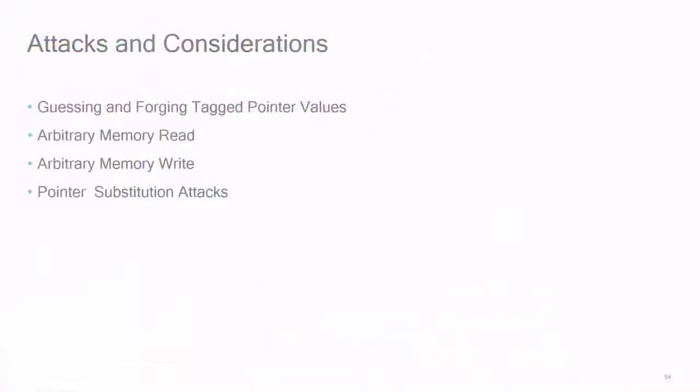The most interesting class of attacks we think will be pointer substitution attacks. Any pointers that are signed by the same key and with the same context are interchangeable. So a pointer substitution attack would involve the attacker leaking an authenticated pointer and then overwriting a different authenticated pointer with the leaked pointer. An example of where this may be a problem: let's say you have a program with complicated logging needs, and it can choose to write its logging output to either the console, a file, or a socket.